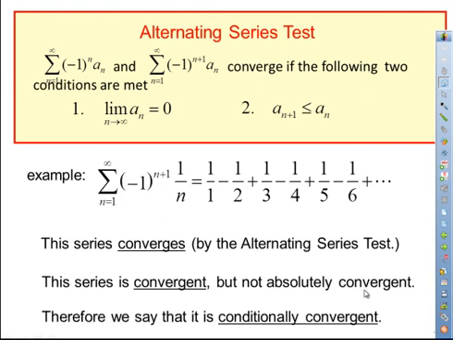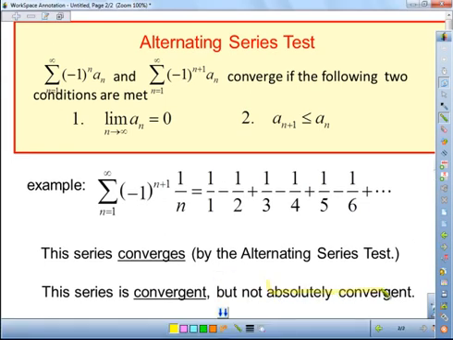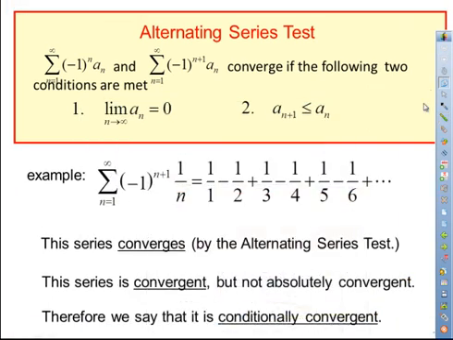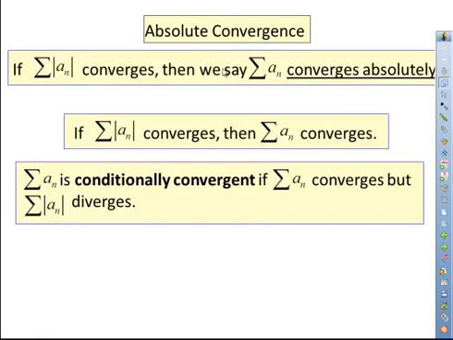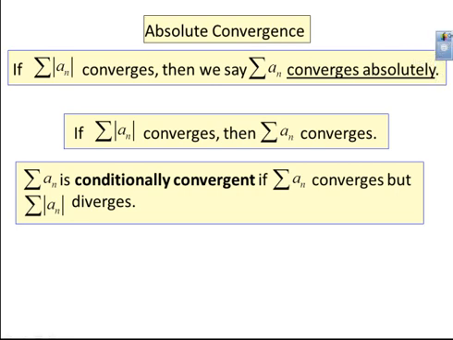It would be absolutely convergent if the absolute value series and the alternating series both converge. So if the absolute value converges, then we say the series converges absolutely.